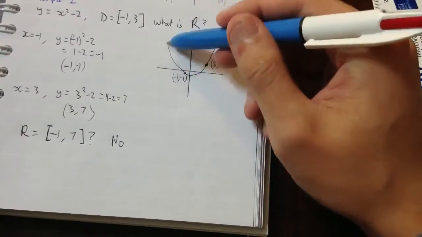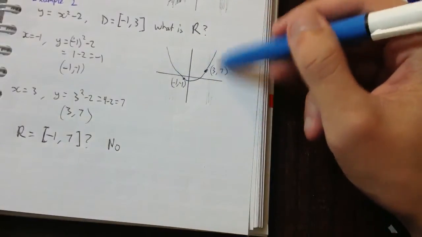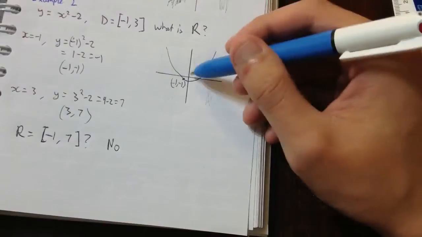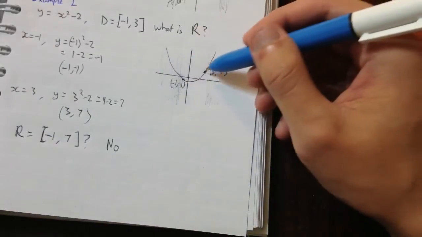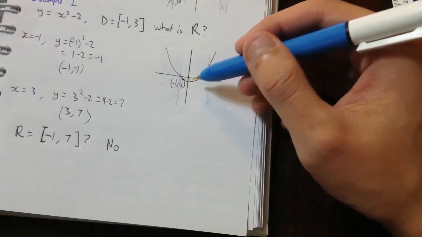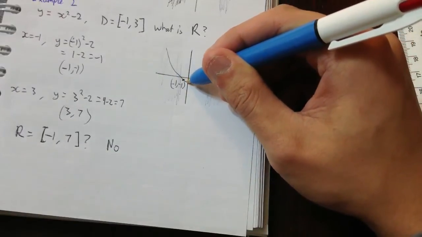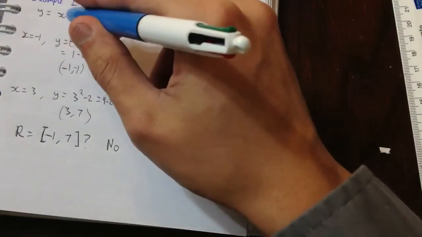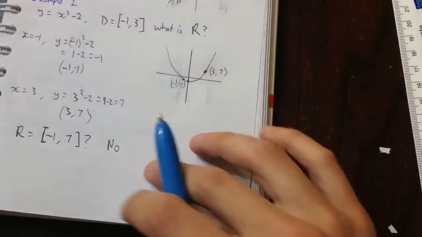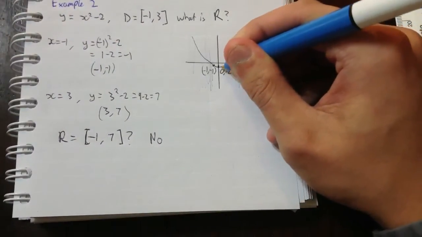If we remove all this part, what's the largest y value that we can get in our little section of graph? Our largest value is 7. But what's the lowest? The lowest point of the graph is here, and we need that lowest point, because y can go below -1. This point is when x equals 0, and we get y equals 0 minus 2, which makes -2. So this point is (0, -2).